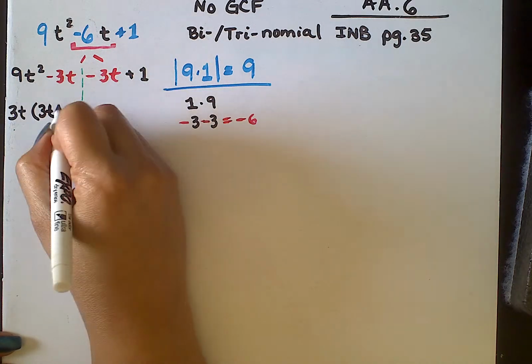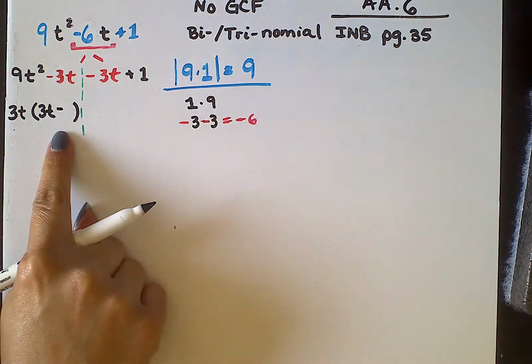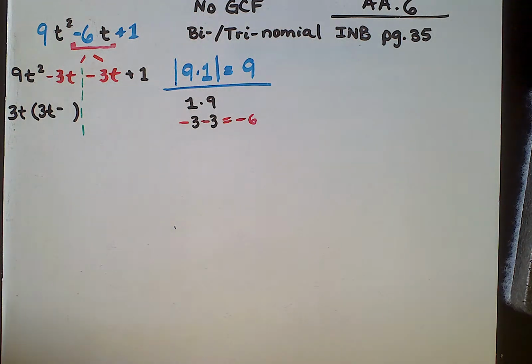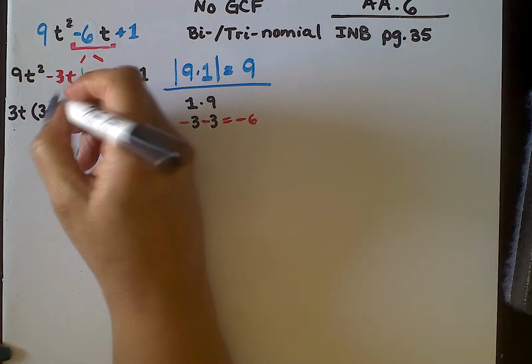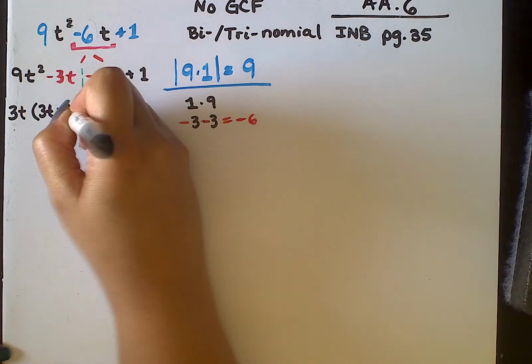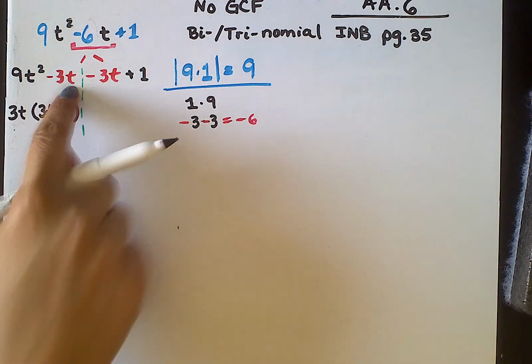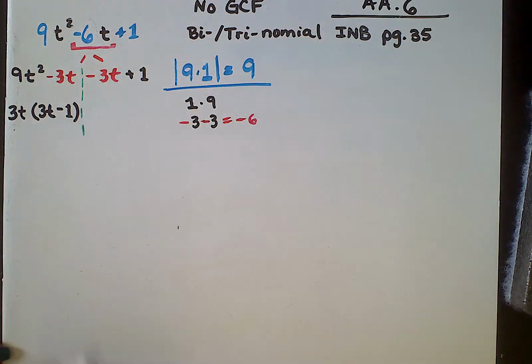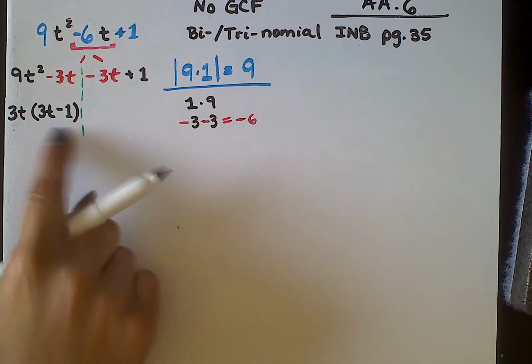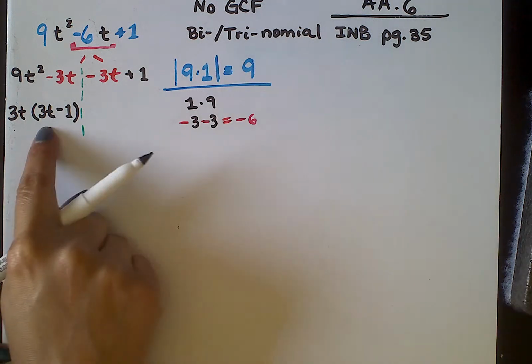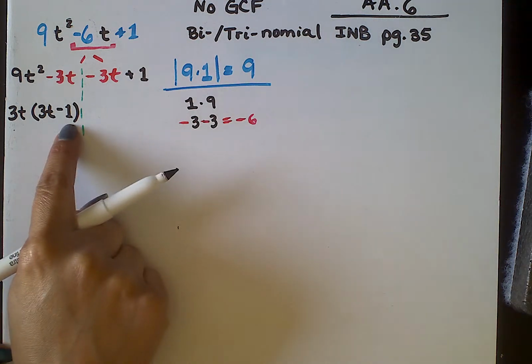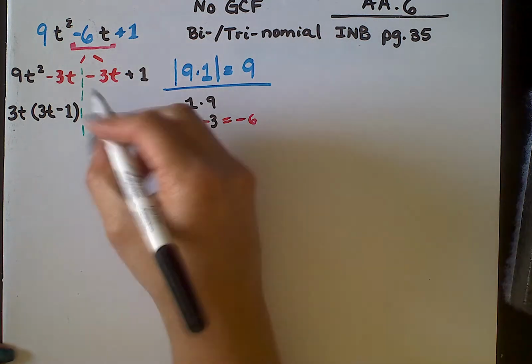3t. And this is where you guys were having a lot of trouble on your double A2. Here, I do have to put a 1. Because I have 2 terms here, that means I should also have a binomial inside of the parentheses. Now, remember, whatever I have inside of these parentheses, I should have over here as well.